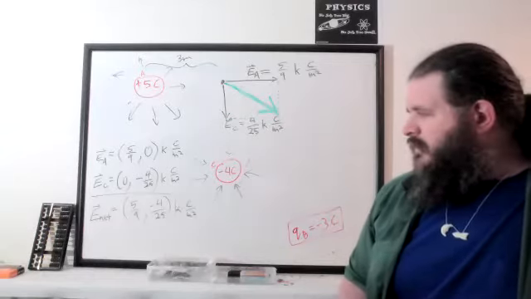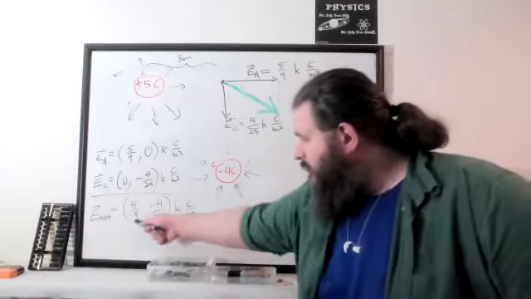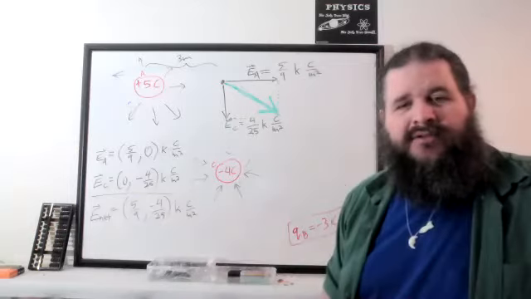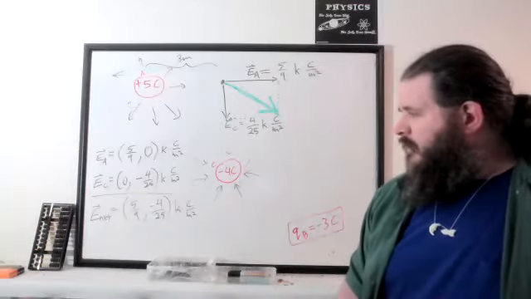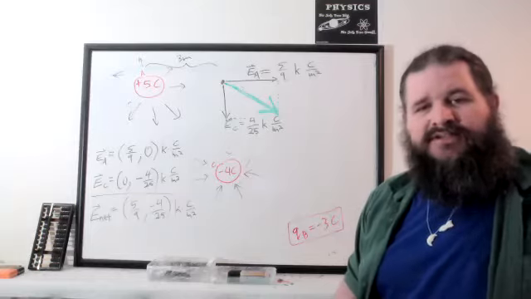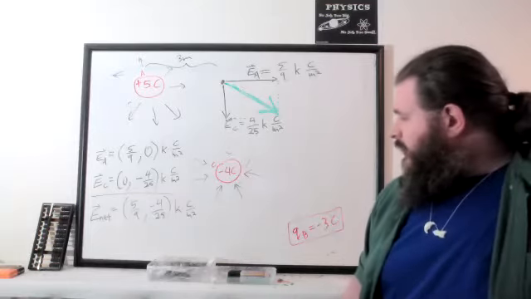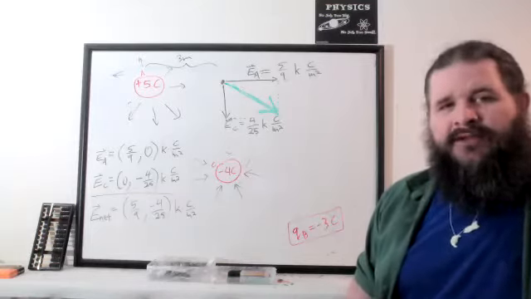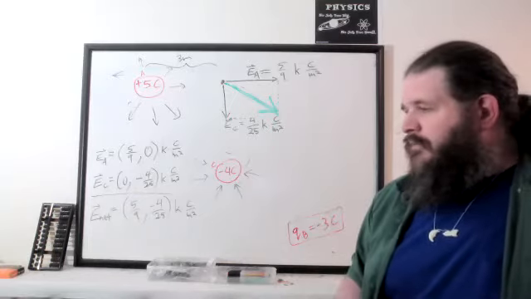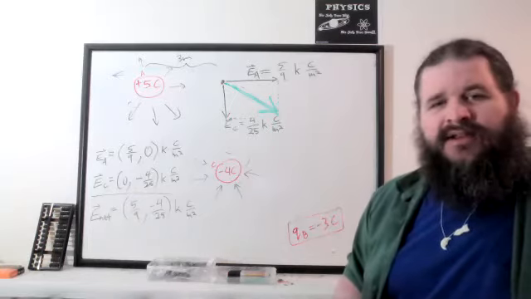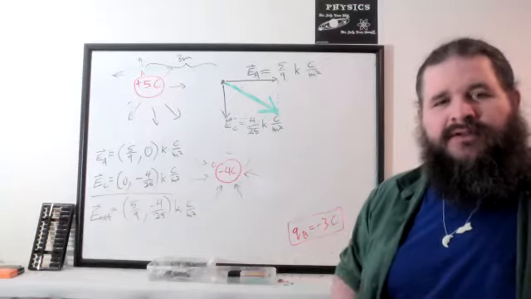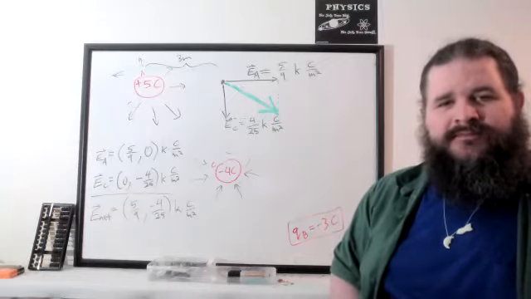And of course, if you want, you could now use the Pythagorean theorem to combine these to find the magnitude of the electric field, and also use inverse tangent to find the direction. But since we're going to need to find the force anyway, we may as well keep it looking like this while we go through the final calculation, which is, how would you turn that electric field into the force?